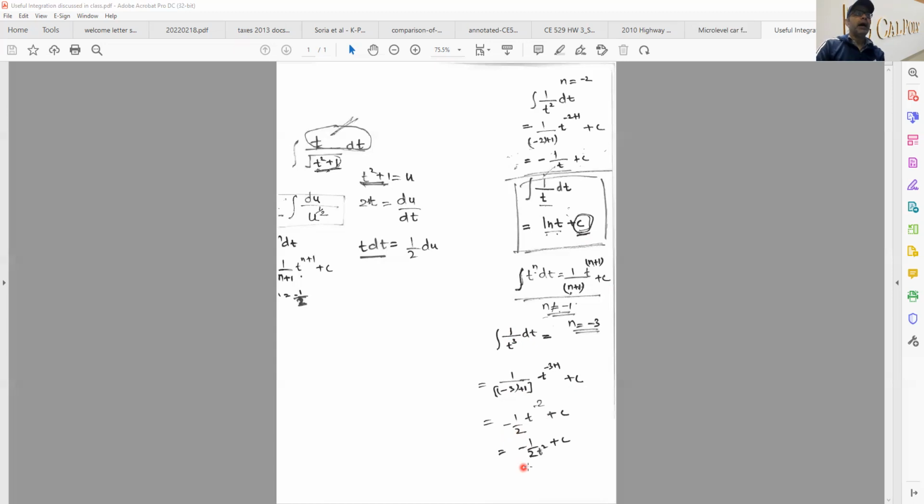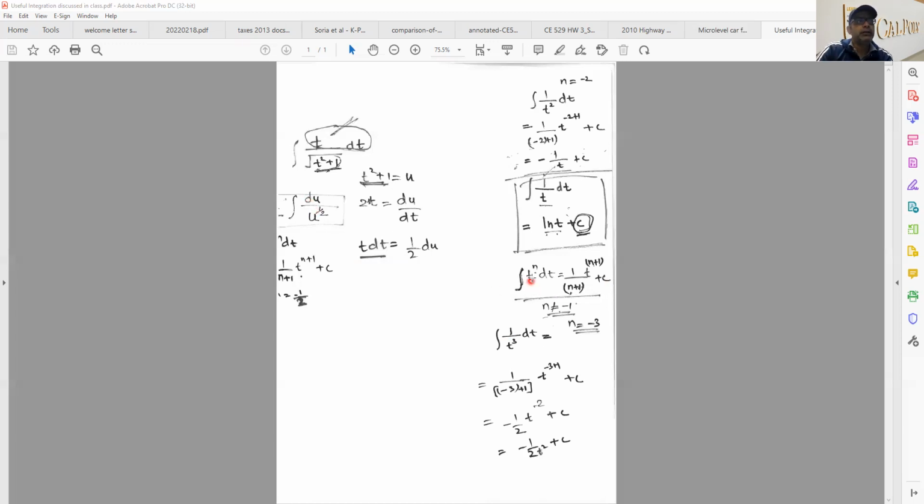Okay. Now, one more piece of integration that would be useful to us in this class is integration by substitution. Integration by substitution is useful to solve some complex integration problems where we don't know the exact formula of integration.